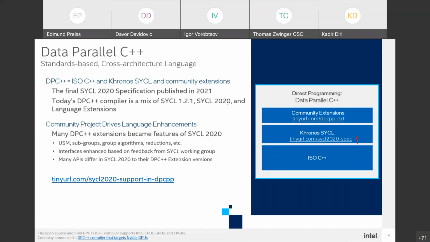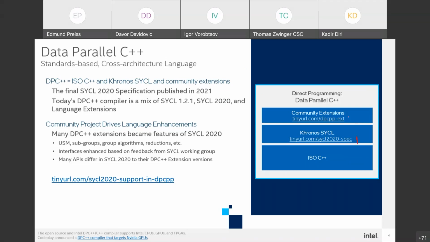We recommend thinking about DPC++ as an implementation of SYCL. So it is a compiler which is expected to be 100% conformant with the SYCL standard. But on top of that, if we identify some gaps and we want these gaps finally to be implemented in the SYCL standard, we are implementing additional community extensions on top of the Khronos SYCL.